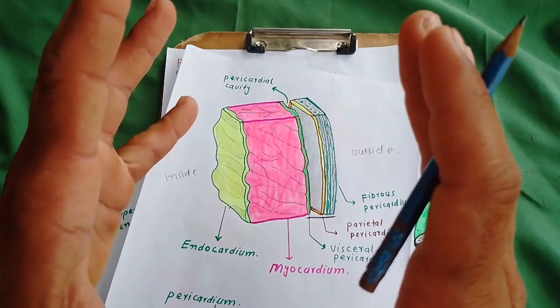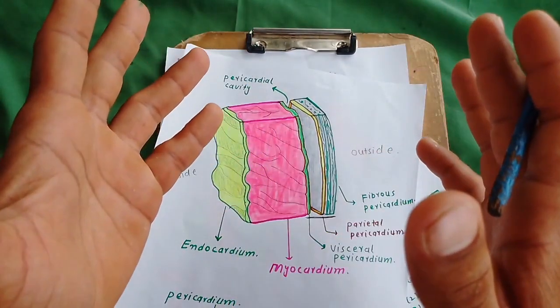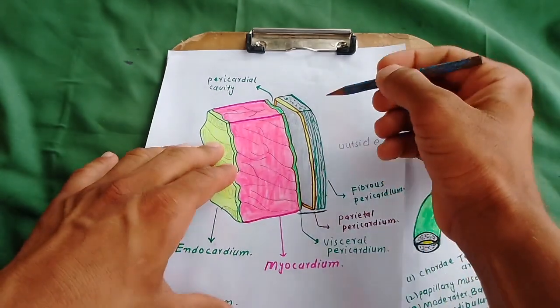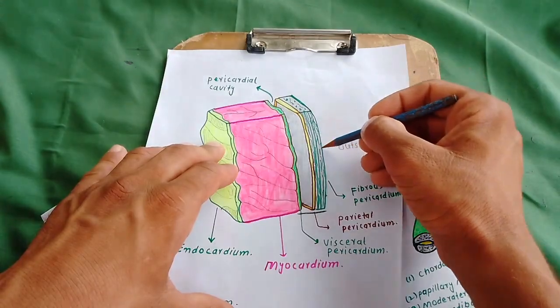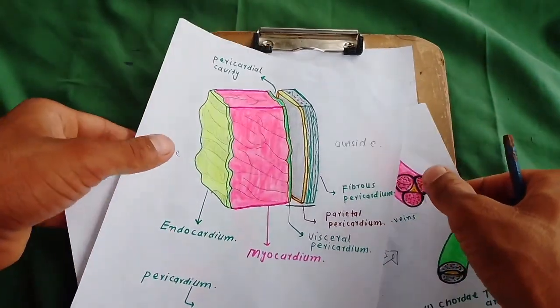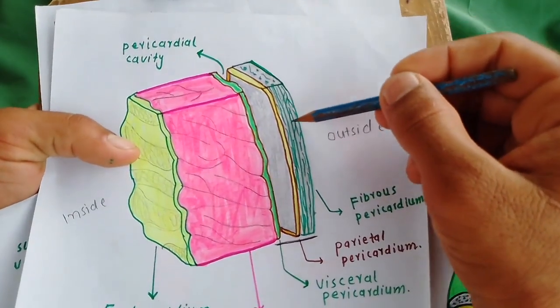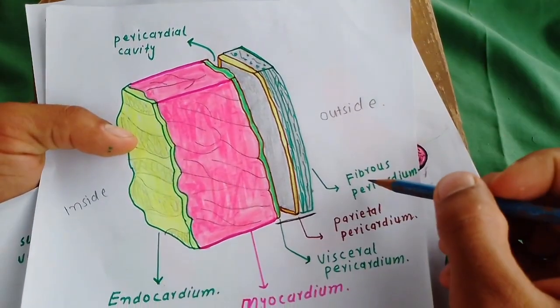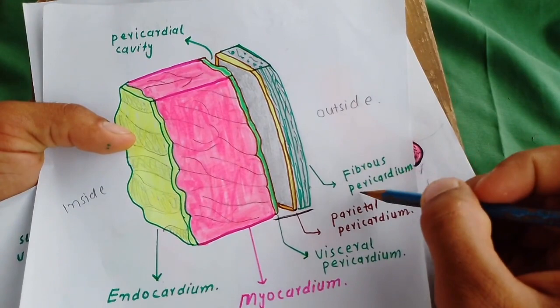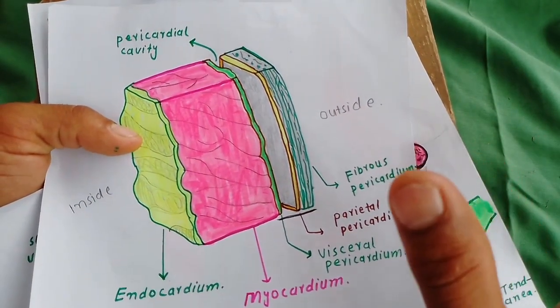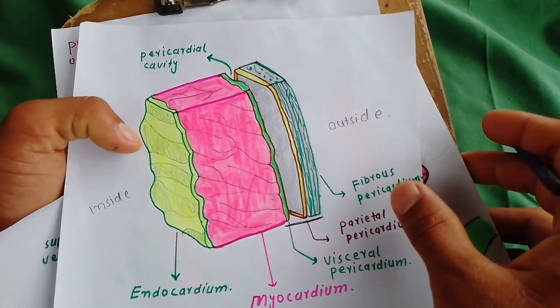The pericardium, as we know, is a double membrane layer. It is a protective layer. The outermost layer, the green one as you can see here, is called the fibrous pericardium. The fibrous pericardium is a very tough layer made from inelastic fiber.